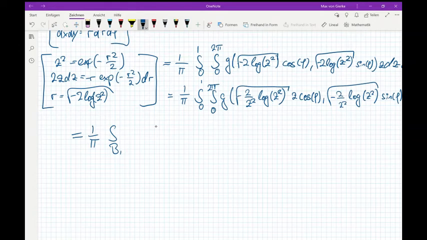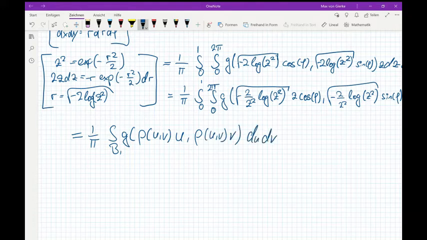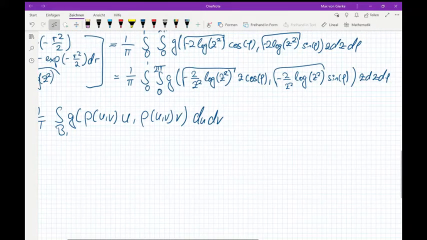This b, I will define it, and another function rho uv times u, and rho uv times v, du dv, where b1 is just the unit ball in R2.